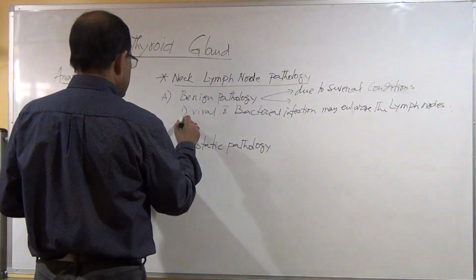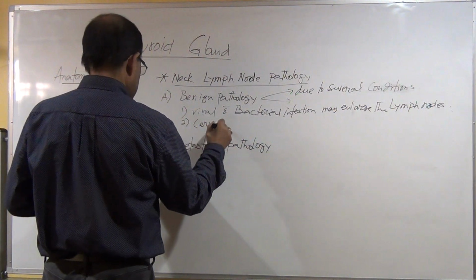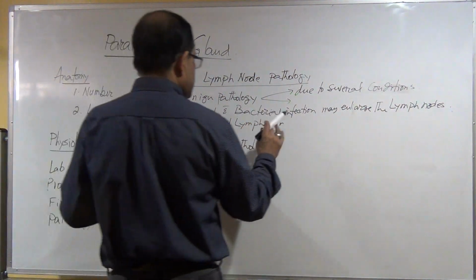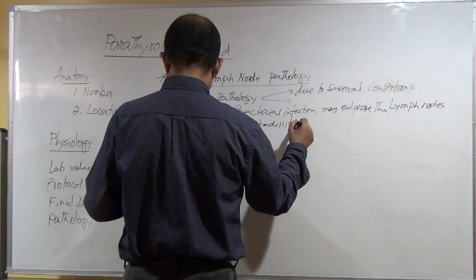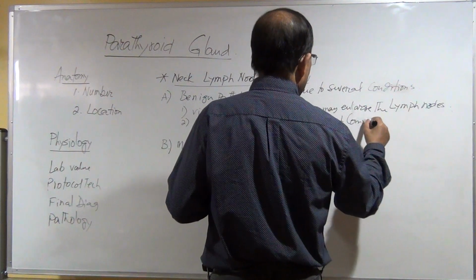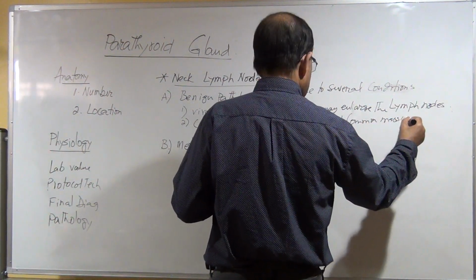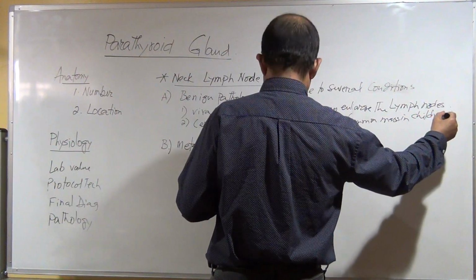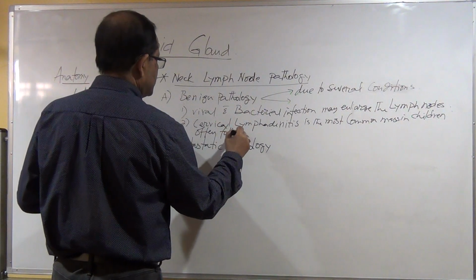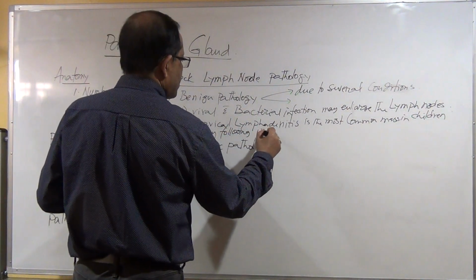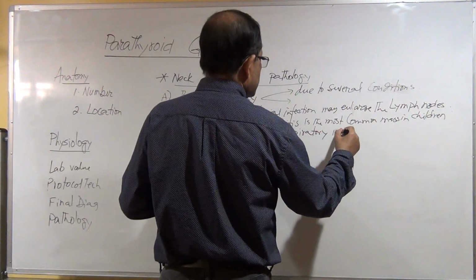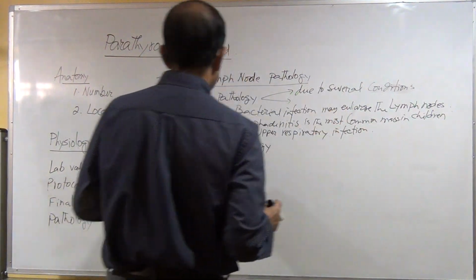So that is one. And number two, cervical lymphadenitis, is the most common mass in children, often following upper respiratory infection, especially in children.